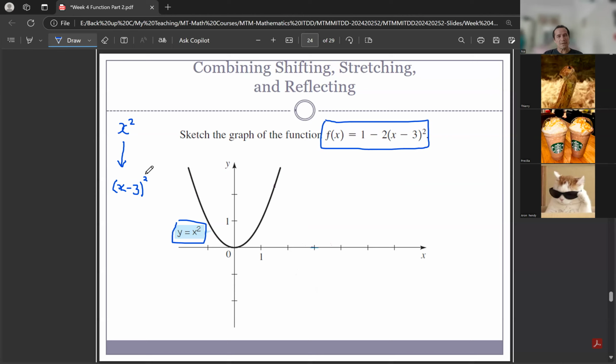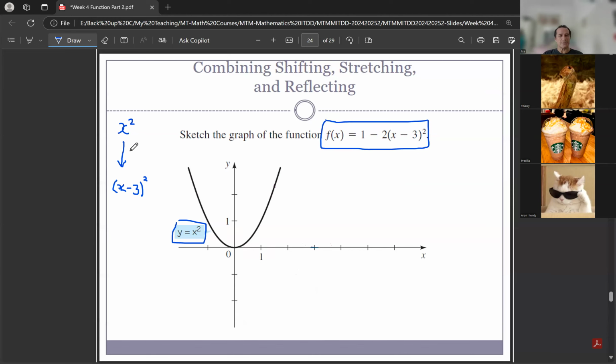Shifting, reflecting, or stretching? Shifting. Shifting to the right or to the left? To the right, yes, because of minus 3.